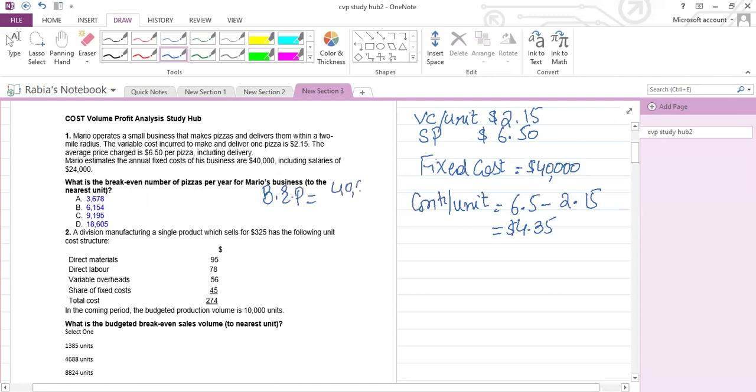Fixed cost is 40,000 divided by 4.35. You will get 9195 units. Option C is the right option.